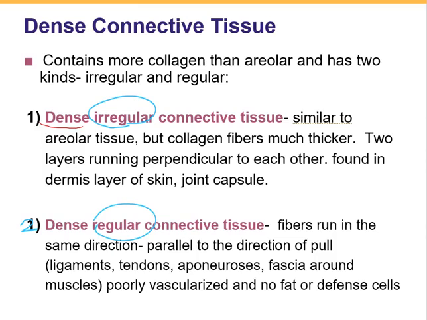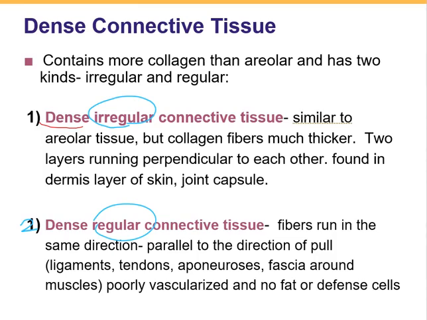In the dense regular connective tissue, the collagen fibers are parallel to each other. These collagen fibers are arranged in a regular parallel fashion, and between the collagen fibers we can find fibroblasts as the primary cells responsible for producing the extracellular matrix components, including the collagen fibers.